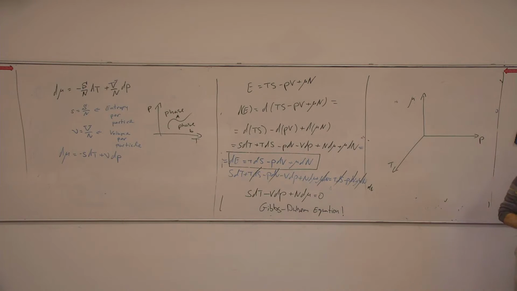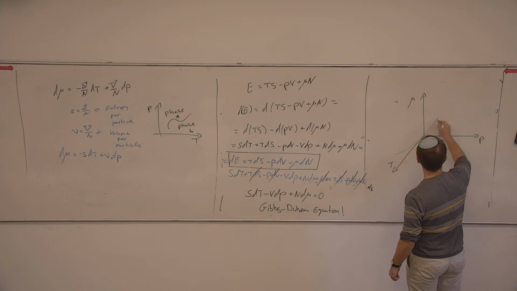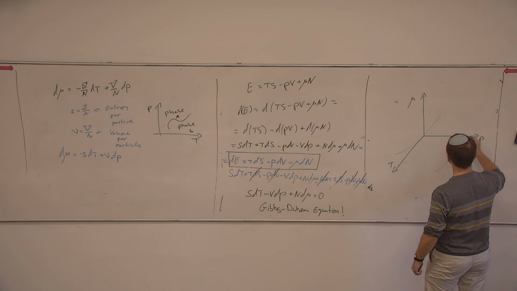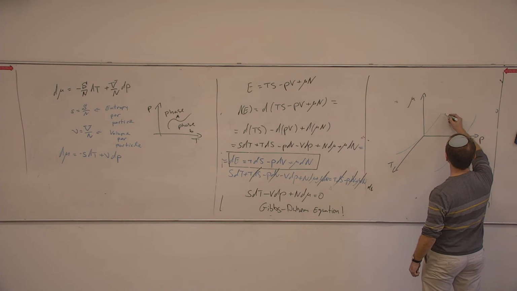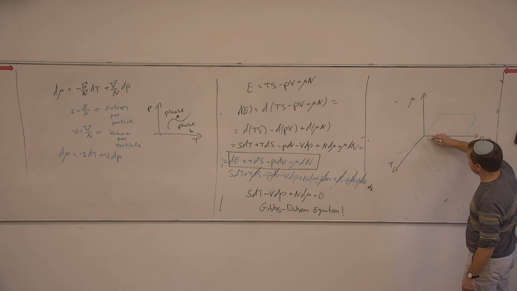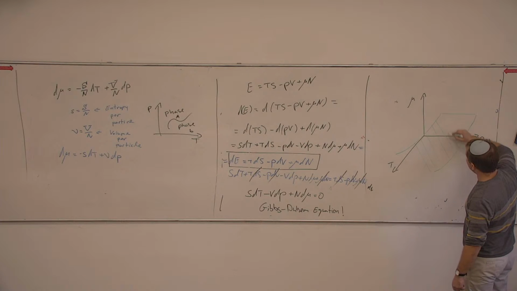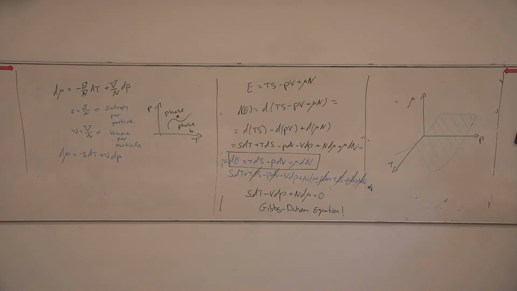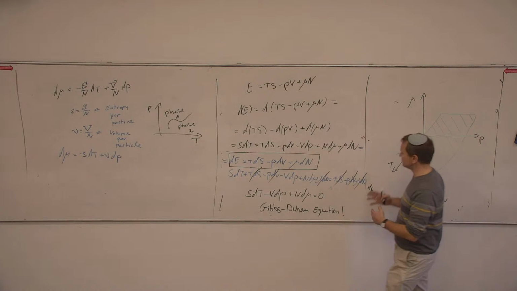Now, the assumption of continuum behavior says that there is some two-dimensional manifold that describes the behavior of mu as a function of T and P. And everything should be continuous.